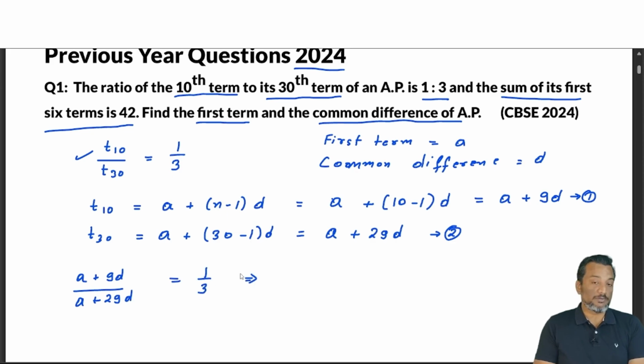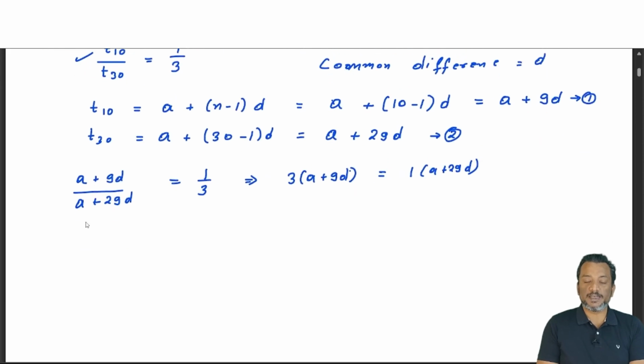After that we will do the cross multiplication. So 3 times A plus 9D is equal to 1 times A plus 29D. Now you get the equation 3A plus 27D is equal to A plus 29D.